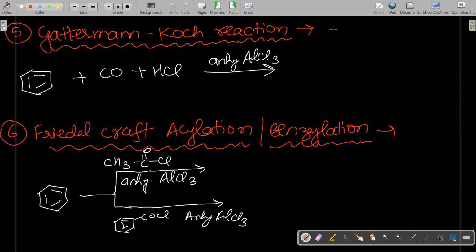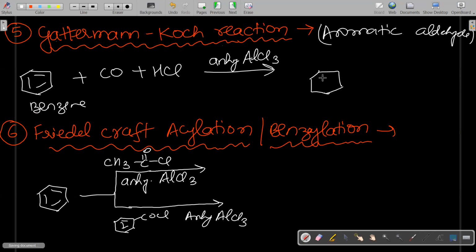By the Gattermann-Koch reaction, we also get what type of aldehyde? Aromatic aldehydes. So what is this reaction? The Gattermann-Koch reaction is the reaction of benzene with CO and HCl in the presence of anhydrous AlCl3 to form benzaldehyde.